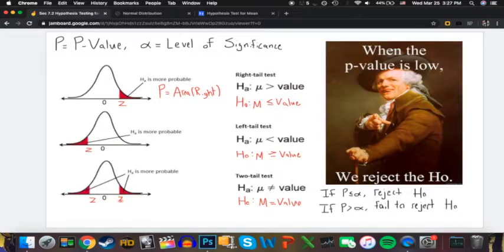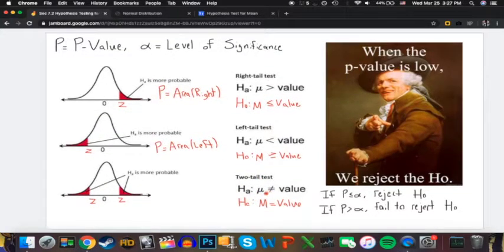Now, kind of on the opposite spectrum for a right-tail test, the left-tail test, given these hypotheses here, tells us that our p-value is going to be an area to the left of some z-score. And then the two-tailed test is a unique case.